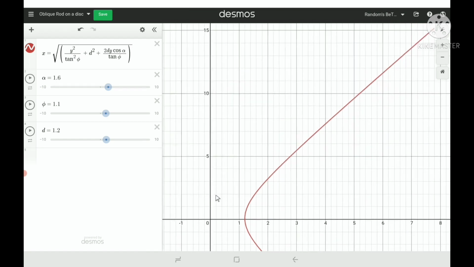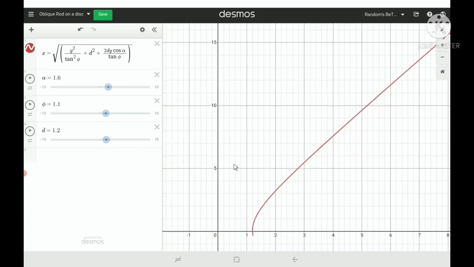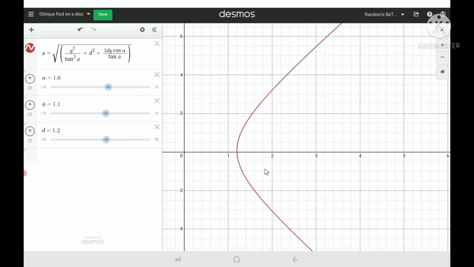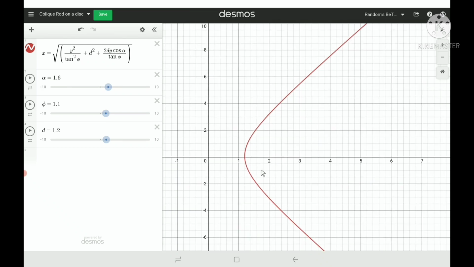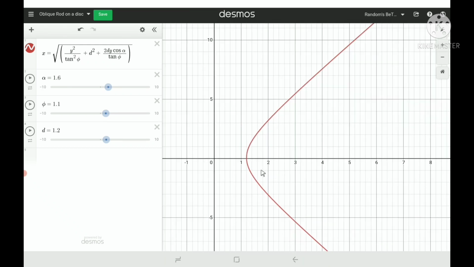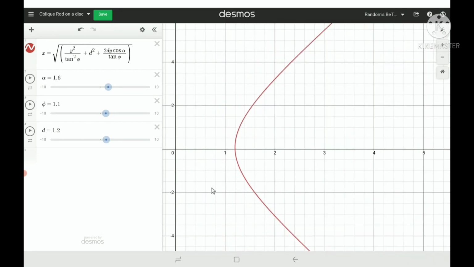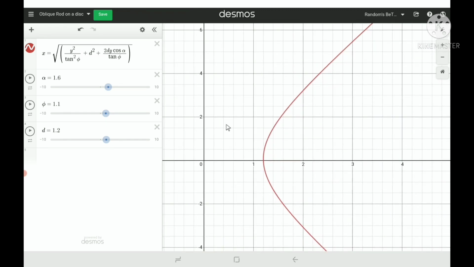Just look at the upper portion of the graph, because the lower portion of the graph can represent something, I guess. I'm not sure what it represents, but it represents something, but it does not represent what we intend it to be.